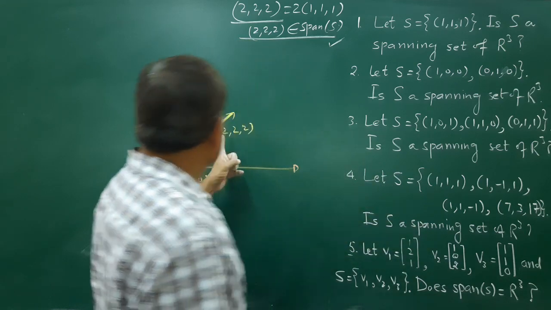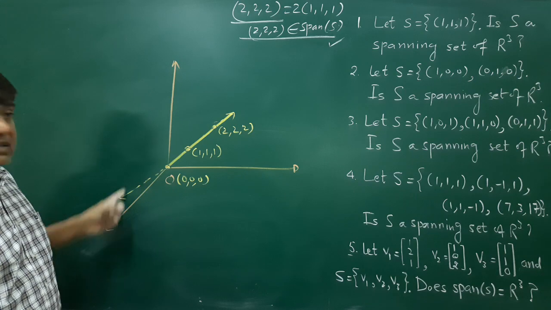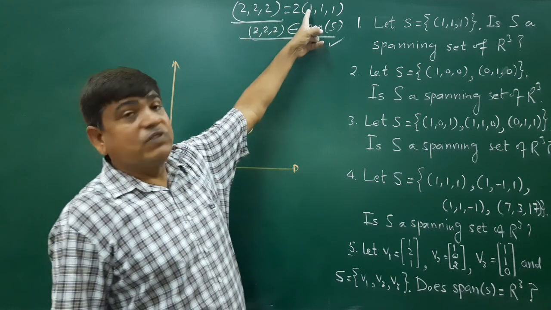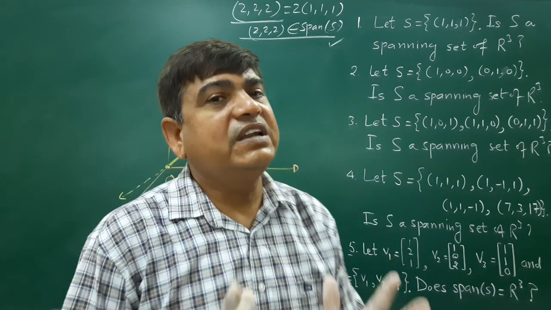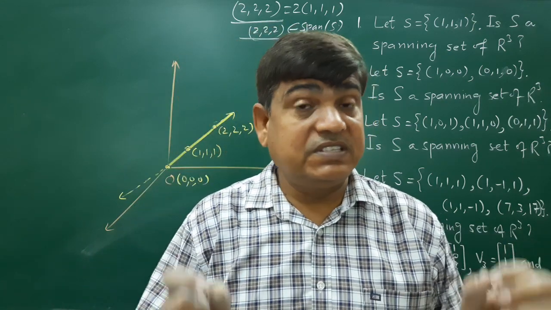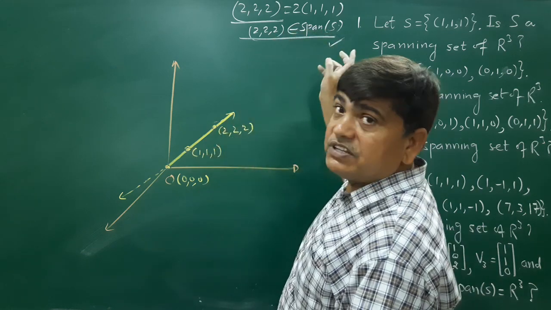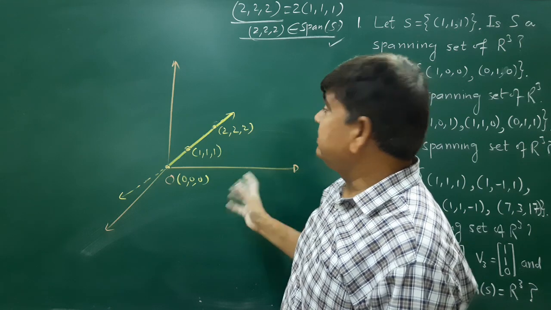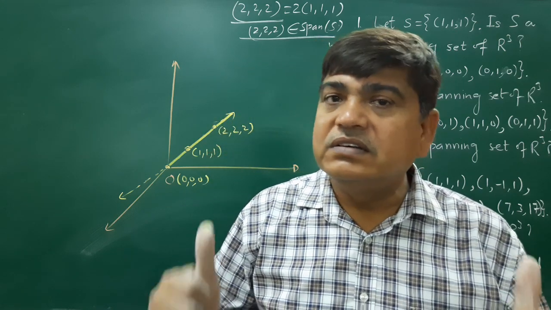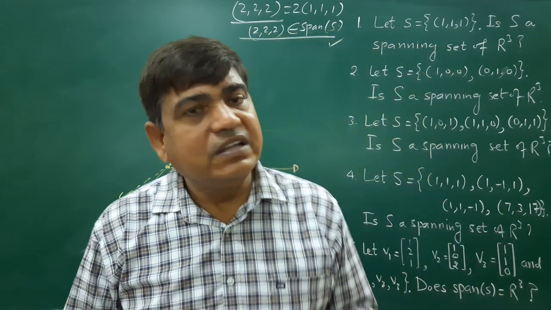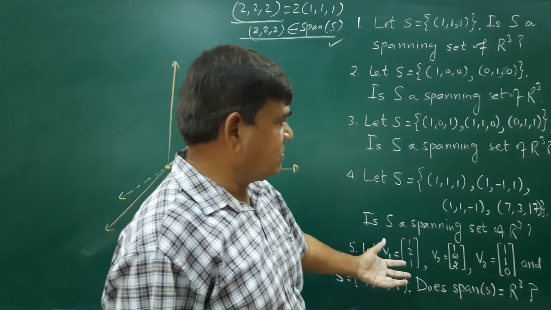So the points lying on this line are linear combinations of this one, and this line is a part of three-dimensional space, that is R cubed. The points lying on this are the linear combinations of this one, not other points. Therefore this does not span R cube. So geometrically you can find the answer of this. You just verify, you just find the answer of this one.